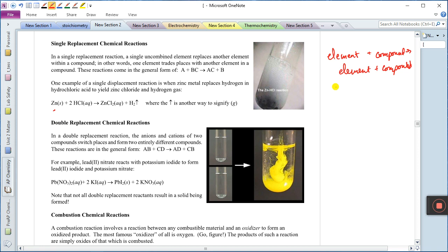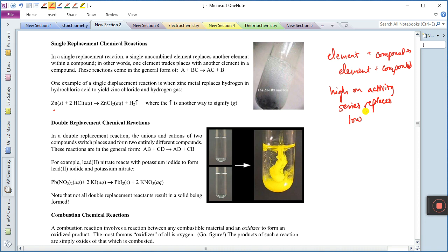The other thing to look for is this is where your activity series comes in, and we'll talk a lot more about our activity series in our next unit about electrochemistry, but okay, I'm trying to figure out how to write this. High on the activity series replaces low. So, for example, lithium is one of your most active metals.